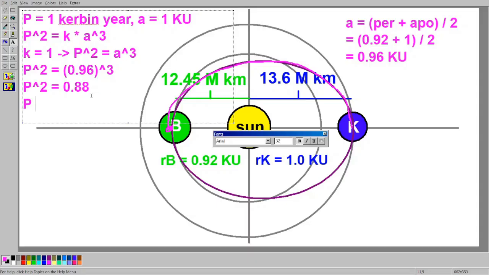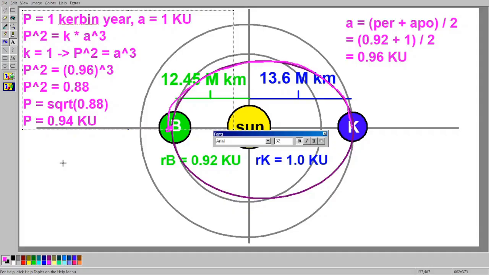So that means p, the period in Kerbin years of this Hohmann transfer orbit, is the square root of 0.88, which is equal to 0.938. Let's just round it up to 0.94. So that is the period of this Hohmann transfer orbit.